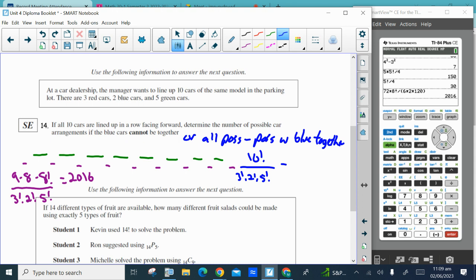Plus the remaining 8 cars give us 9 objects to arrange. But we also have to multiply by 2 factorial, which is the way that the blue cars can be arranged amongst themselves. And I know there's repetition, but we take care of that on the bottom by, once again, dividing by 3 factorial, 2 factorial, and 5 factorial.